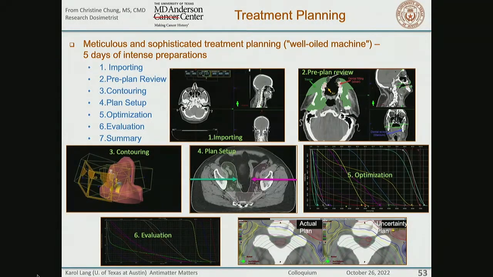It takes a lot of work by the entire team, and it is like clockwork, 5 days. So they start on Monday morning, they finish on Friday afternoon with a summary and sort of maps of where things need to be irradiated, what happens and what not.